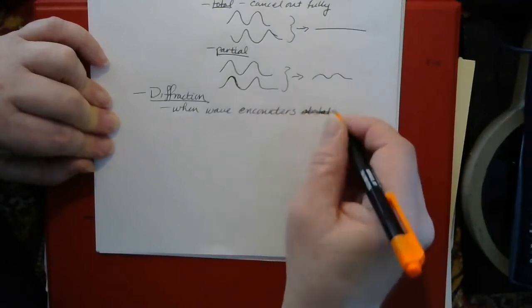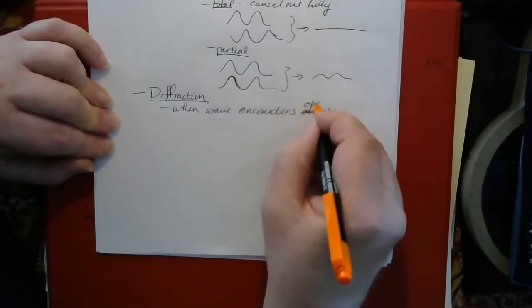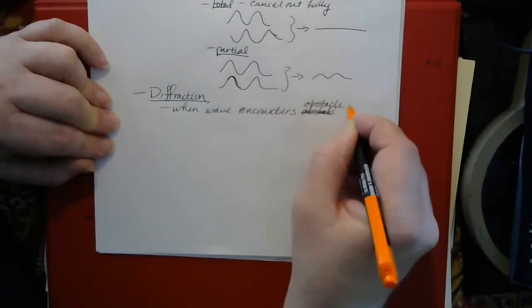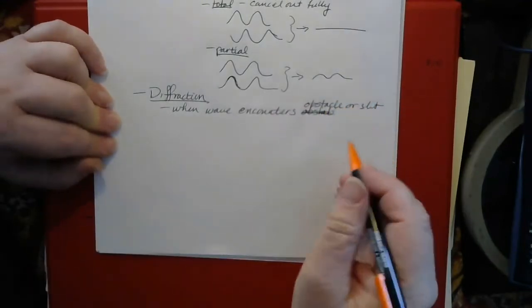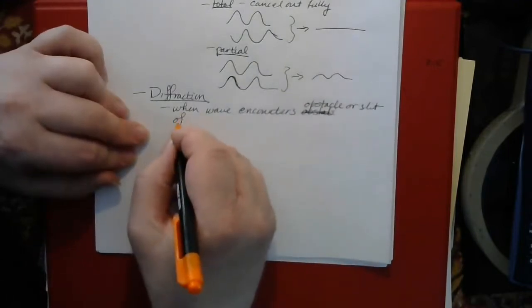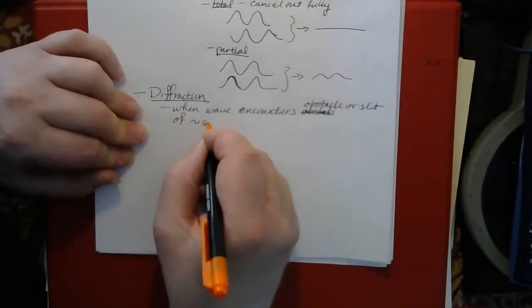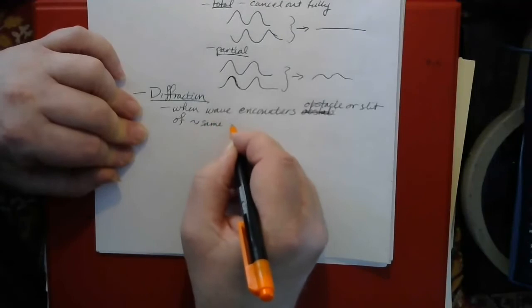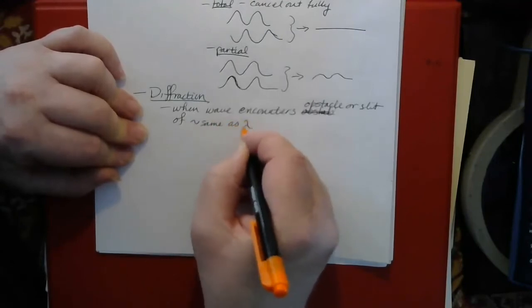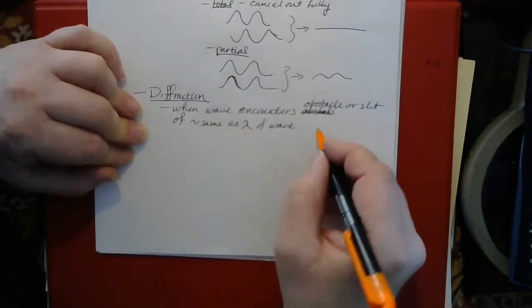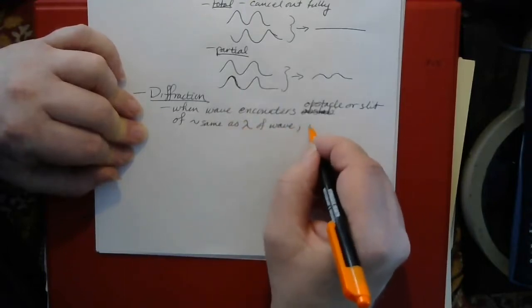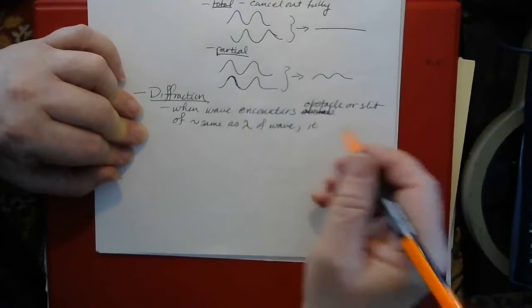When a wave encounters an obstacle or a slit of a size that's about the same as the wavelength of the wave, then the wave will bend or diffract around it.